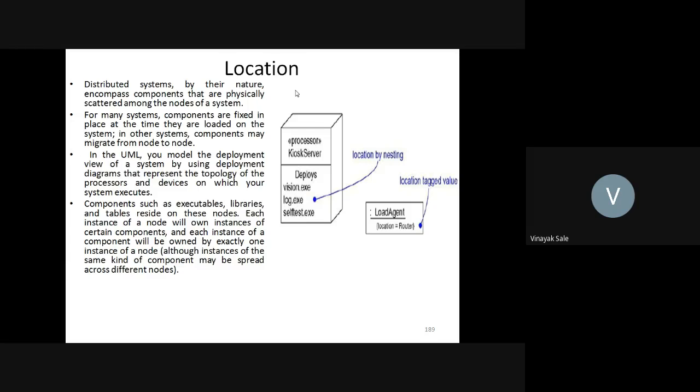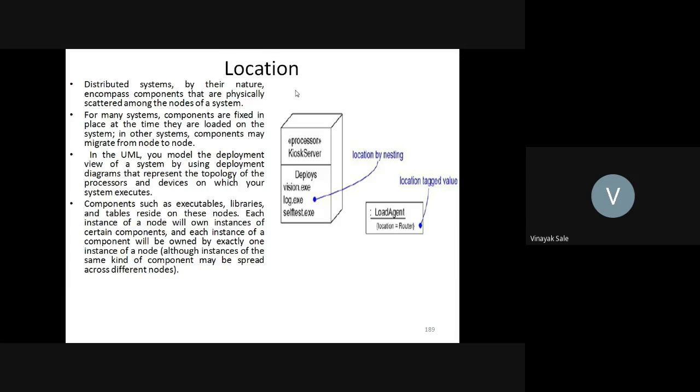In other systems, components may migrate from node to node. In UML, you model the deployment view of a system by using deployment diagrams that represent the topology of the processors and devices on which your system executes.